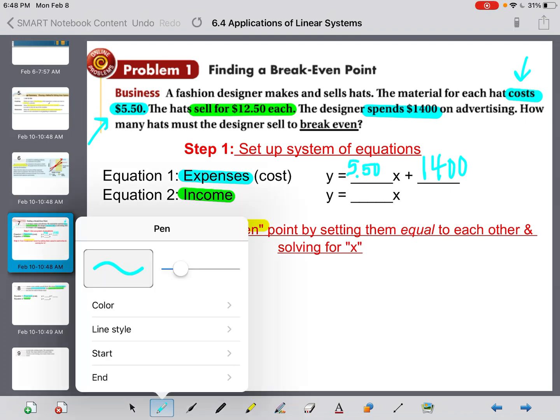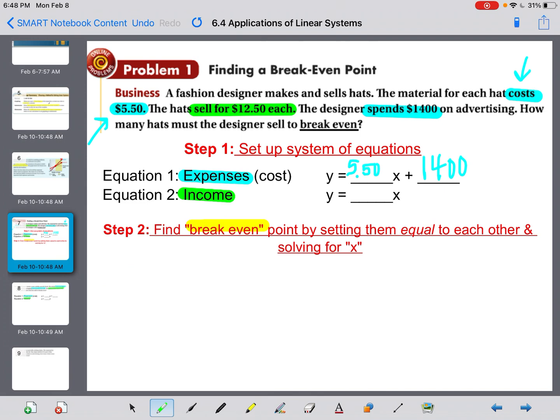Now the income is how much money they're going to make when they sell these hats. So for every hat that they sell, they're going to make $12.50. So that's $12.50 per hat. There's nothing added on to that. It's only that. So to find their break-even point, being even is the same as being equal.